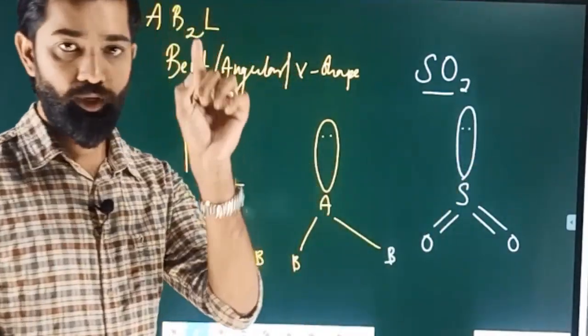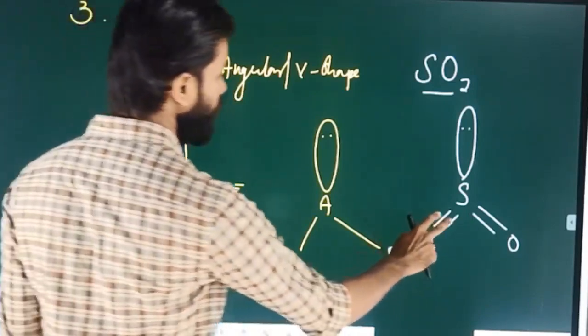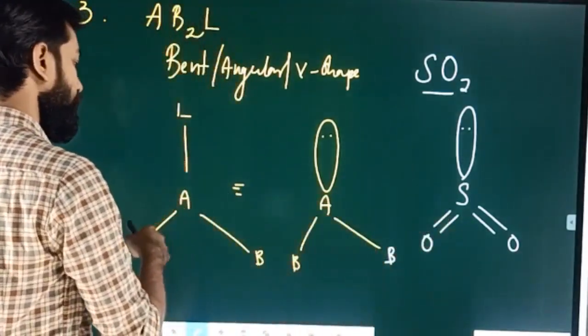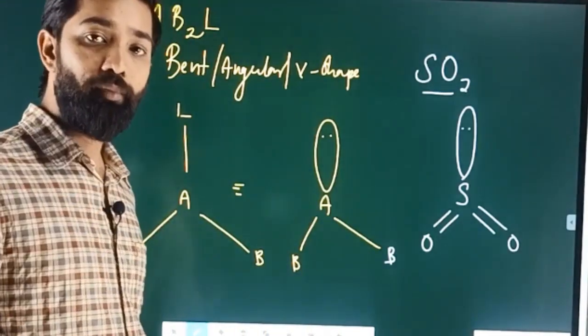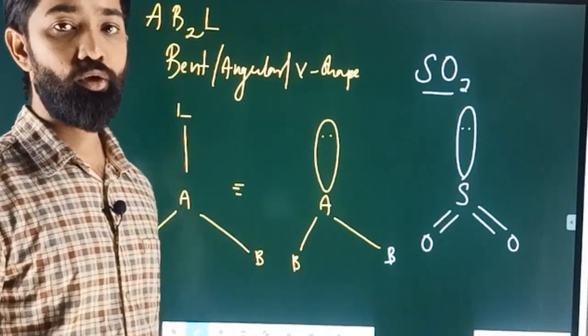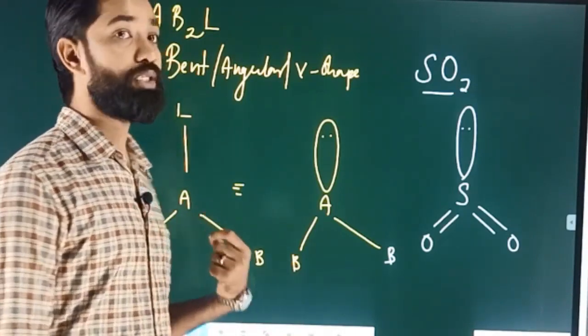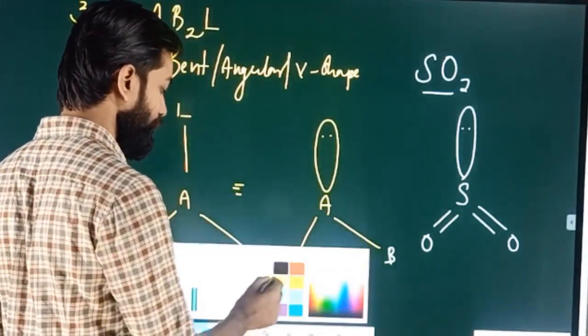There is one limitation. In VSEPR theory, a multiple bond is treated as a single bond. A bond pair may be a multiple bond or a single bond, and VSEPR theory is not able to distinguish whether the bond pair is multiple or single. That is one of the failures of VSEPR theory.